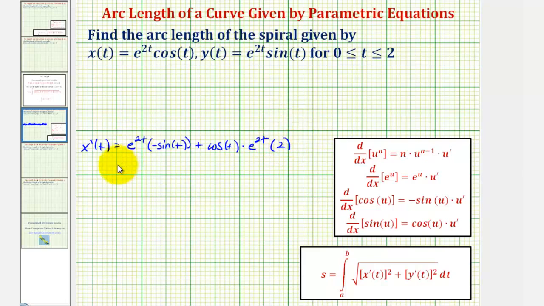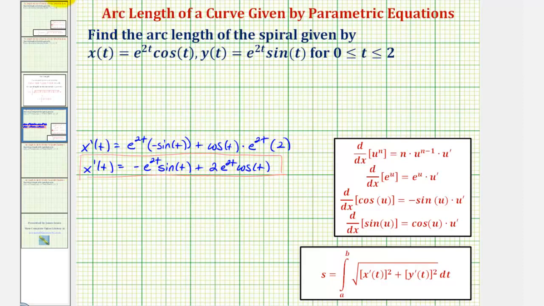So simplifying, we have negative e to the 2t sine t plus 2 e to the 2t cosine t. Again, this is x prime of t, which we'll be using in the arc length formula after we find y prime of t.